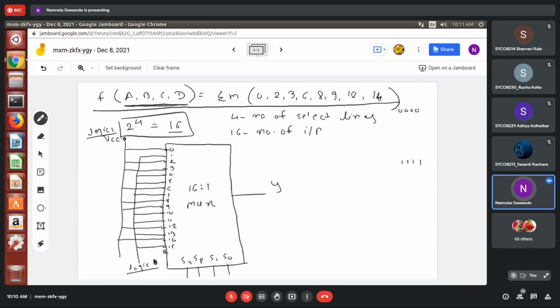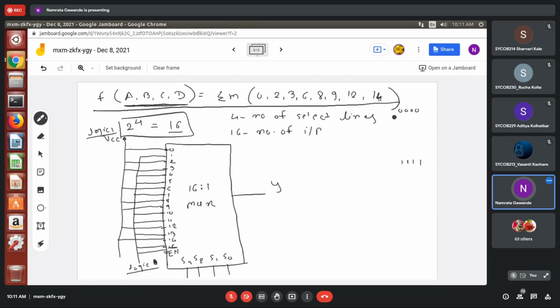Now there should be an enable, and that will also be connected to logic 0. In the IC it should always be connected to 0 because of EN bar; I will tell you during the lab. Forget about this EN now. The minterms present in the expression we have connected to logic 1, and the minterms not present in the expression we have connected to logic 0.